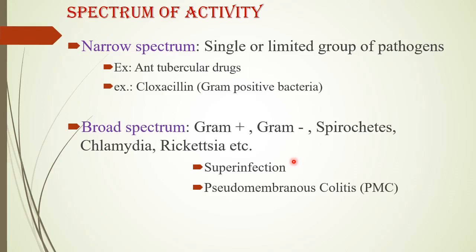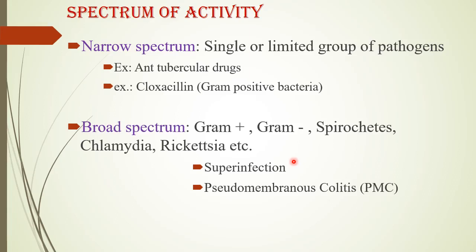Why this is happening? This is happening because our body contains certain good bacteria, good bacterial flora, isn't it? So inside our body we have certain bacteria, those who are beneficial for our body, those who help in digestion. Because of that bacteria, another bad bacteria or harmful bacteria cannot be grown inside our body.